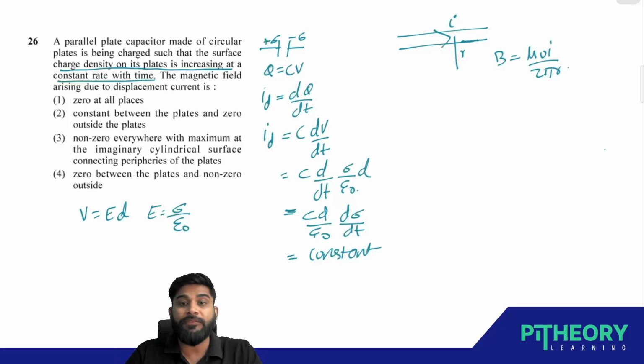But what is the magnetic field inside? We can find that also. If the current is uniformly distributed throughout, you apply Ampere's circuital law, finding the current per unit area and the current through the area that you are specifying.